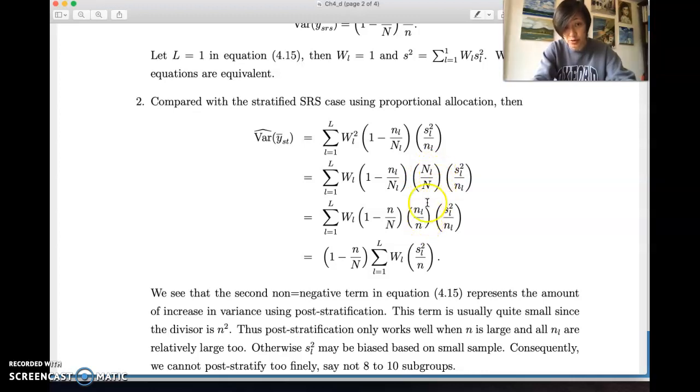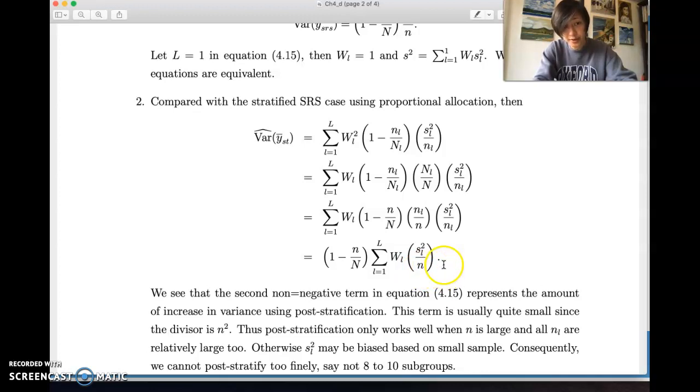So this is what the proportional allocation means, right? So the capital WL is the same as the lowercase wL. In this case, we can cancel out one of the nL. So in this case, we are not concerned with the sample size for each of the strata.